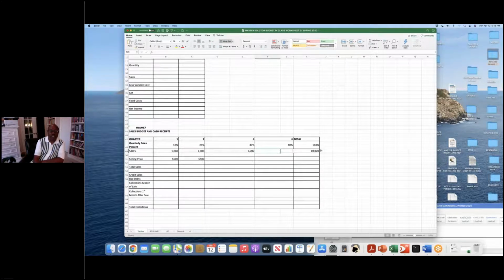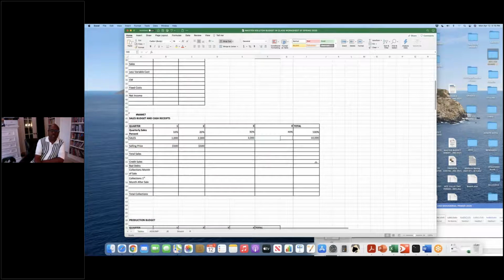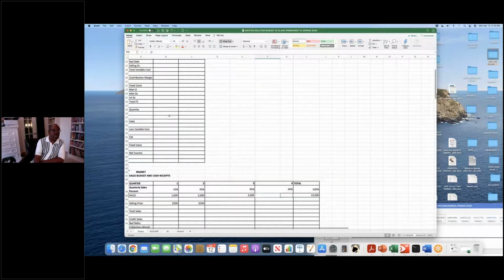I just took 10% of 10,000. So you took that 10,000 from the top, where I said to assume his quantity was 10,000 for a target loss of 100,000. Then the 10,000 comes here, and now you're breaking those sales down from 10,000.